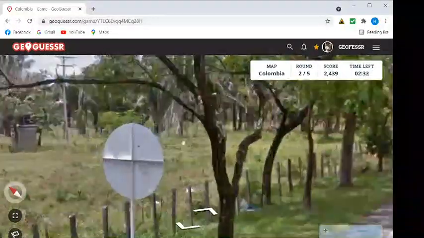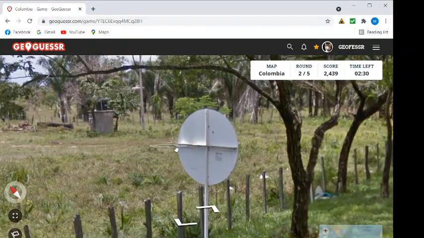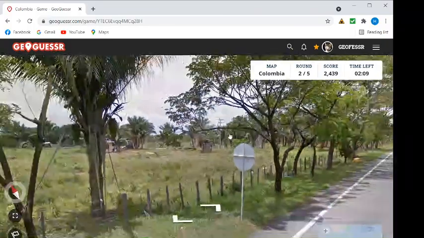Okay. This has been pointed out as a sign that you are definitely in Colombia. As you can see, the sign has this crossbar on the back. I don't know how people figured this out, but this is sort of the best known characteristic of Colombia on GeoGuessr.